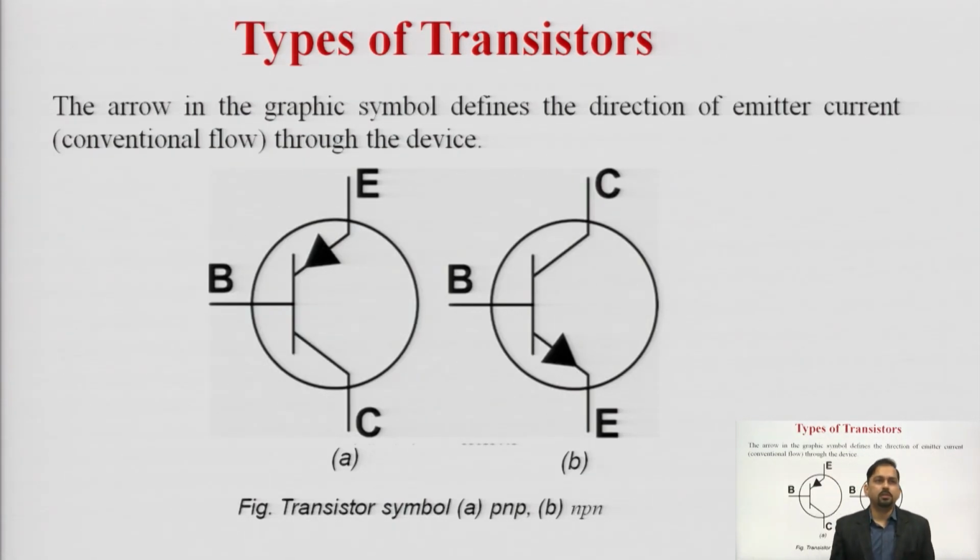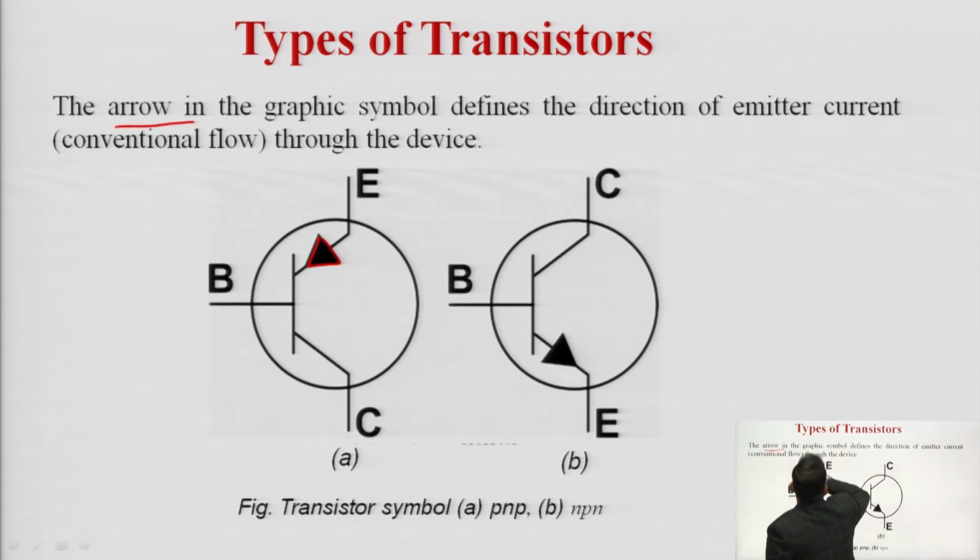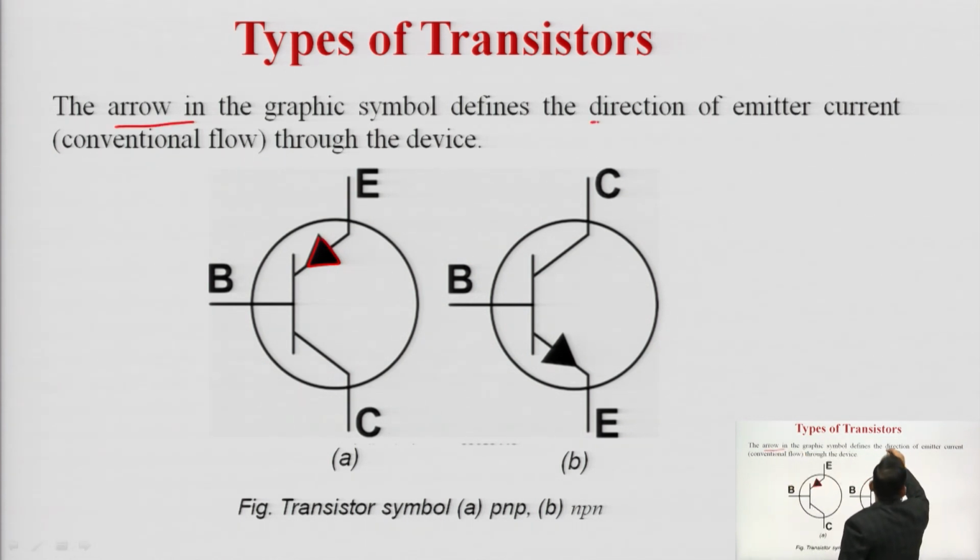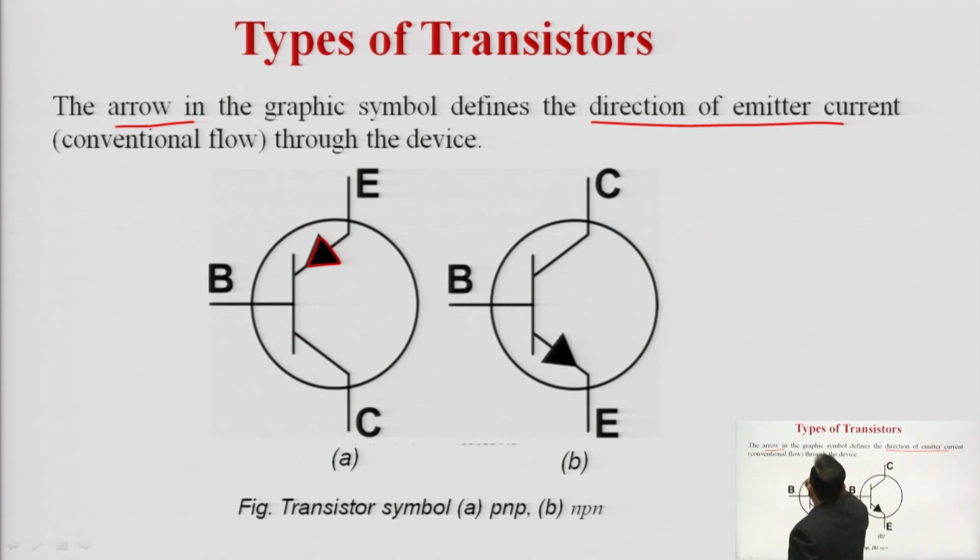Now we will see the symbols corresponding to the PNP and NPN transistors. Basically this arrow in the graphical symbol shows the direction of emitter current, that is, how the current flows in an NPN or PNP. For PNP, the current is reaching towards the base from the emitter, and for NPN the current is emitted from the emitter terminal.